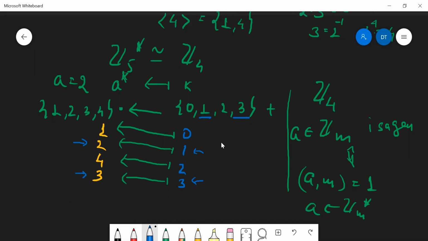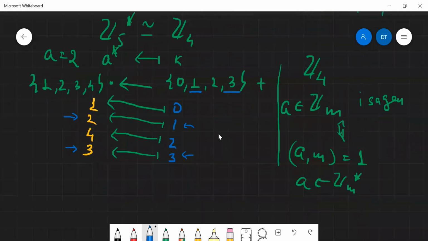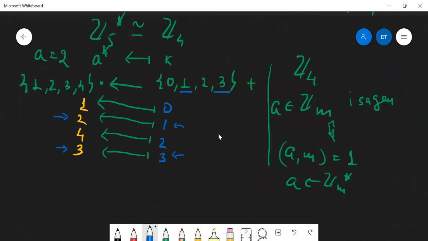Okay, so is it clear what's going on now? Yes. Do you have any questions? Okay, so now it's also clear that the element 2 generates here a subgroup of 2 elements, 0 and 2, which means that the corresponding elements on the right-hand side, which is 1 and 4, generate the subgroup of two elements.